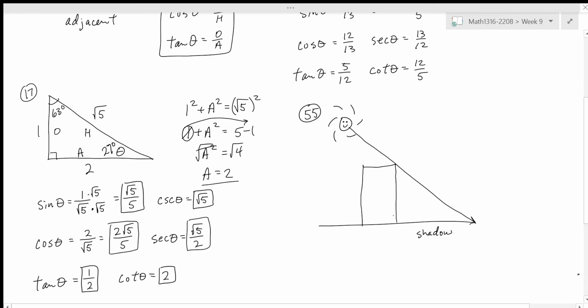And we hope that the building is straight up and down, so we're going to make that perpendicular. This is not the Leaning Tower of Pisa. This is a straight up and down tower.